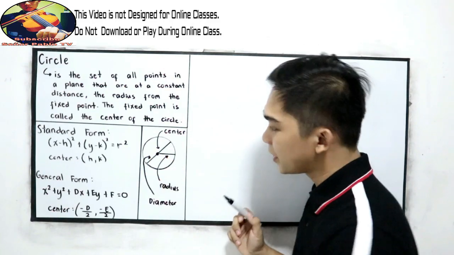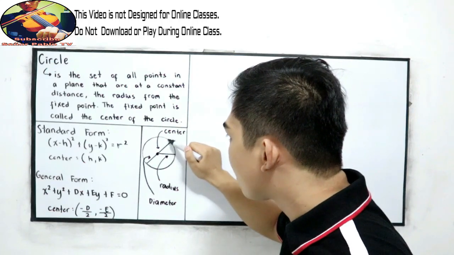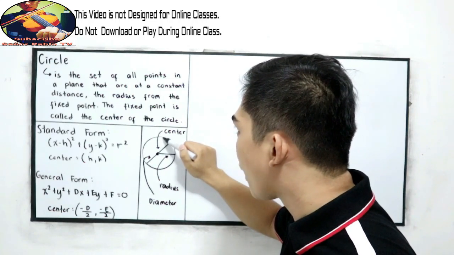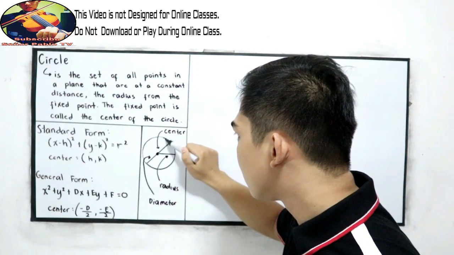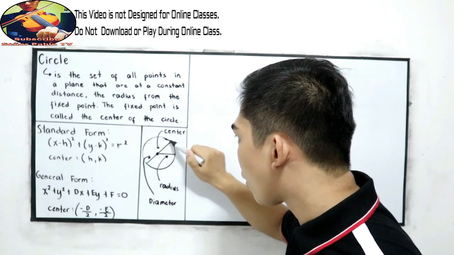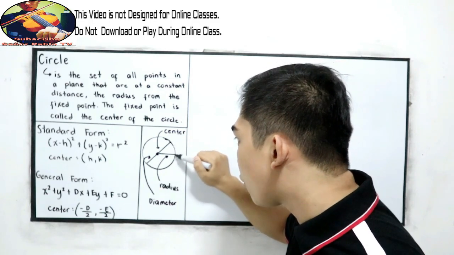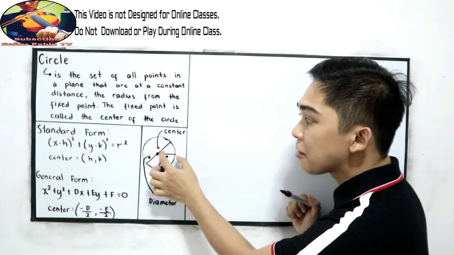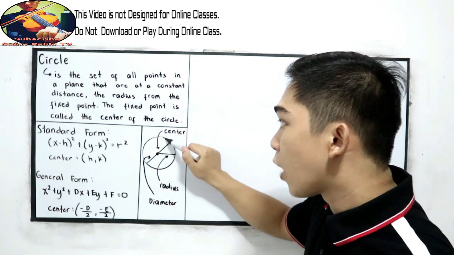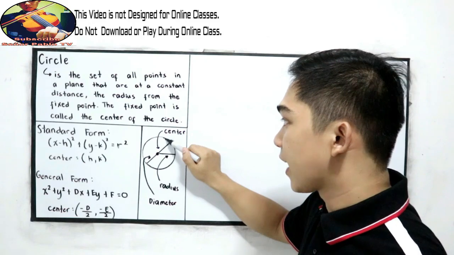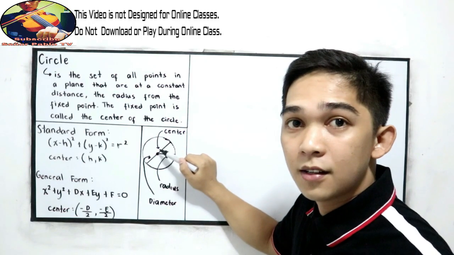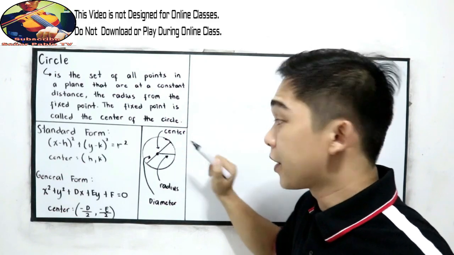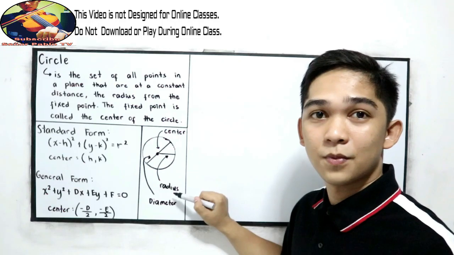So from the center, we have a set of points. Okay, this is infinitely many points, and these points are equidistant from our center. That means if we connect one point on the circle to our center, that is our radius.